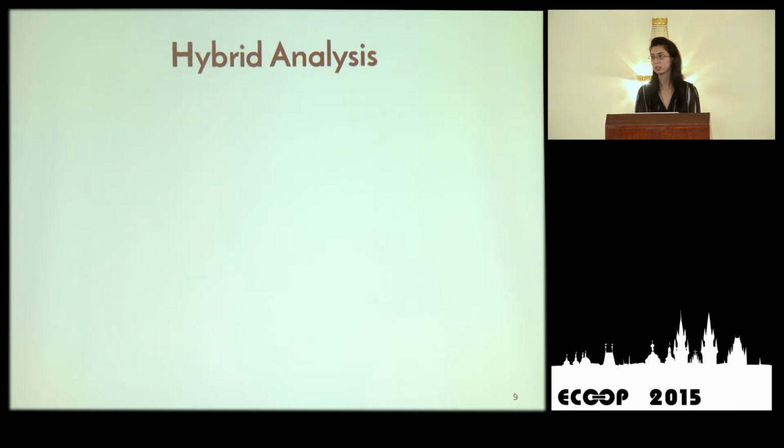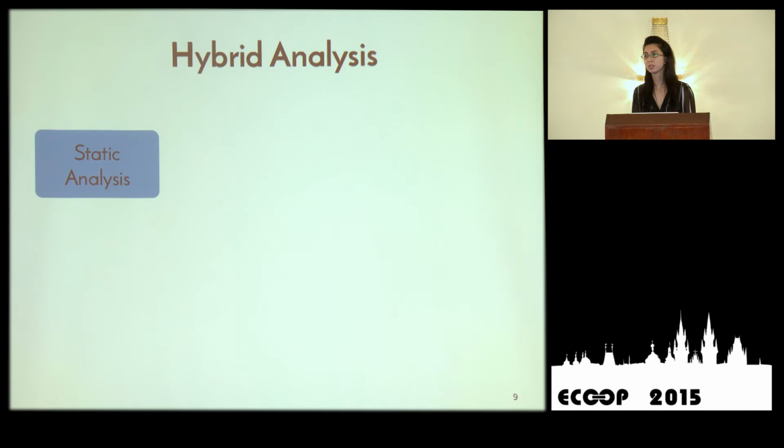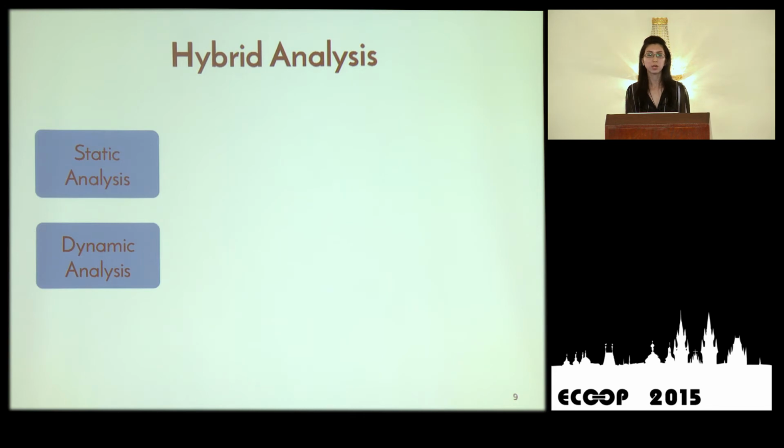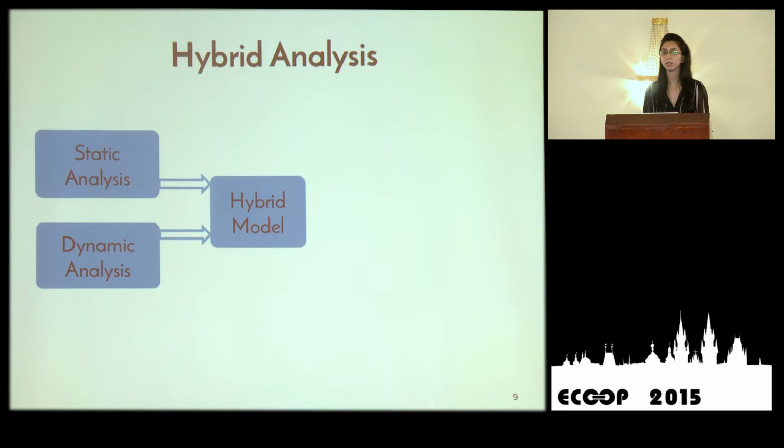To address these issues, we proposed the hybrid analysis. There's a lot of static analysis on JavaScript. We saw the necessity to combine it with dynamic information. And integrating these two types of analysis, we came up with a hybrid model for the application. This hybrid model contains the important entities in the application and the relations that we thought would matter in the analysis, and is basically a graph.